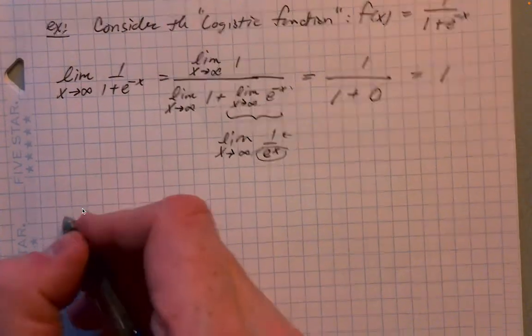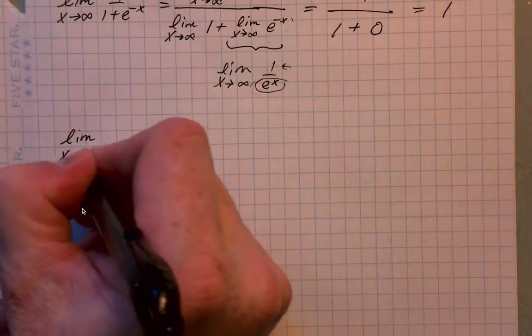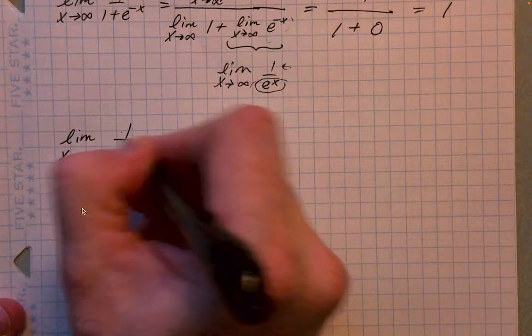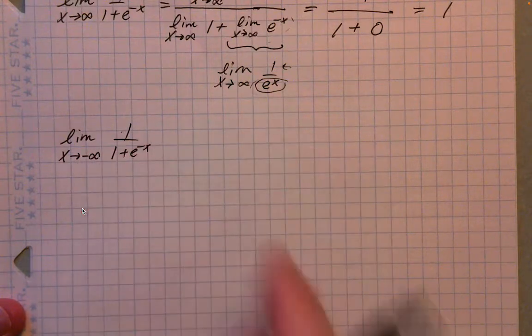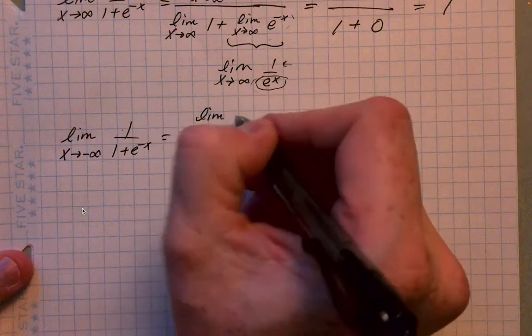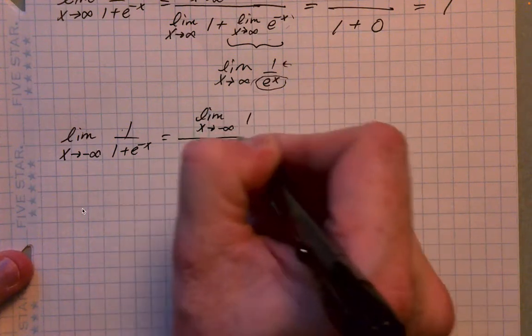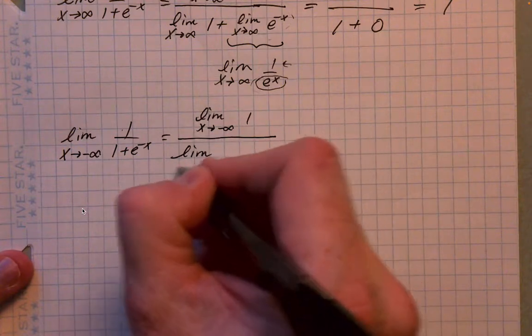What happens on the other side? Well, what happens when x approaches negative infinity? Let's see. Again, same technique here. We want to consider the numerator and the denominator separately.